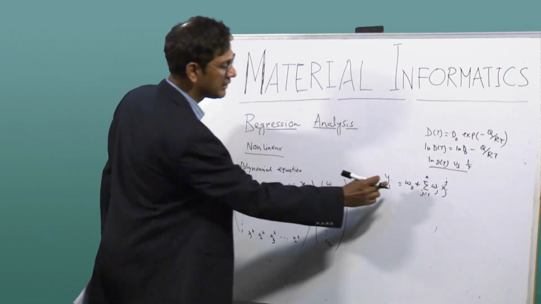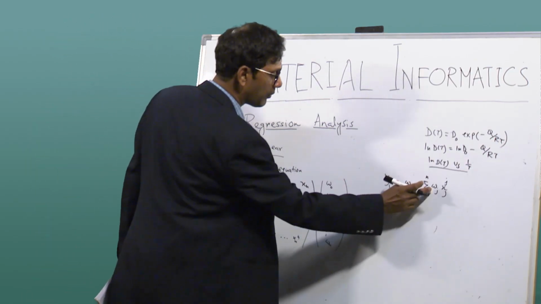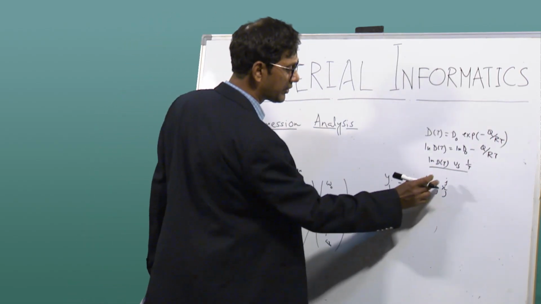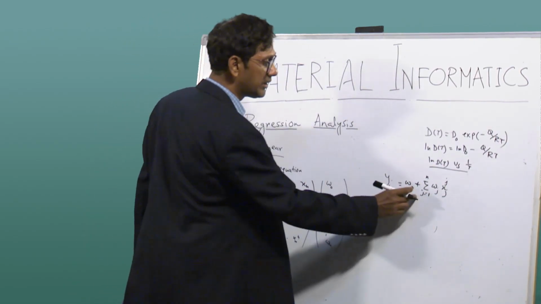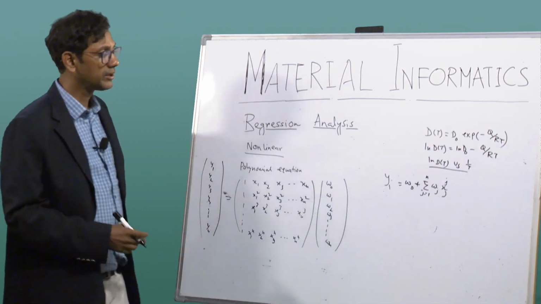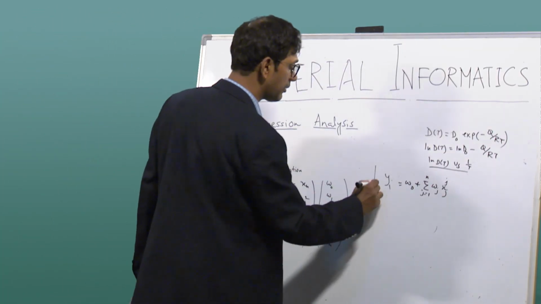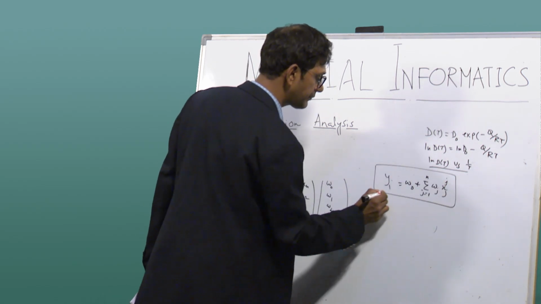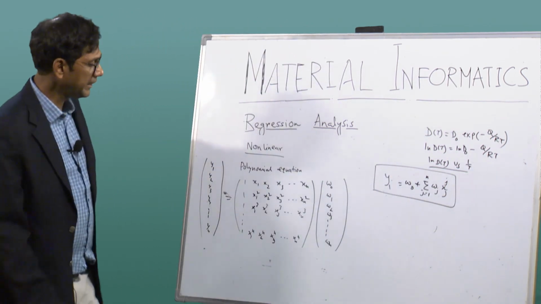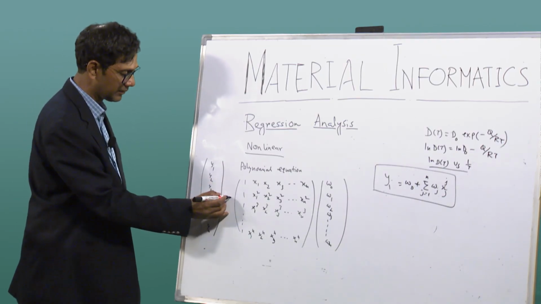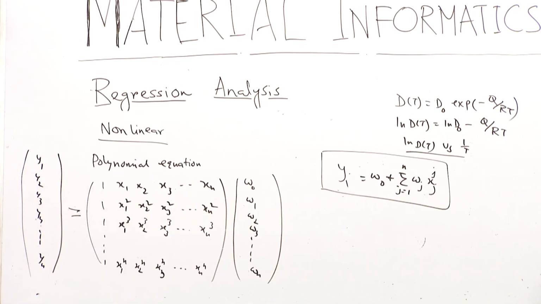So you can clearly see W0 plus W1 x1 to the power 1 for j equal to 1, W2 x2 square, W3 x3 cube, and it goes on. That is the generalized relationship for this kind of data. It is very easy to remember in the matrix form; the moment you write it in this form, it is very easy to remember.